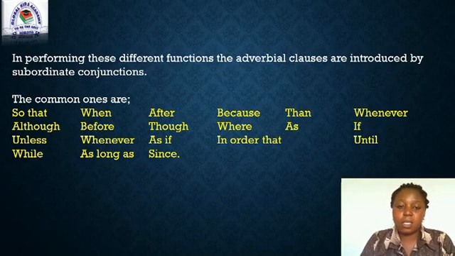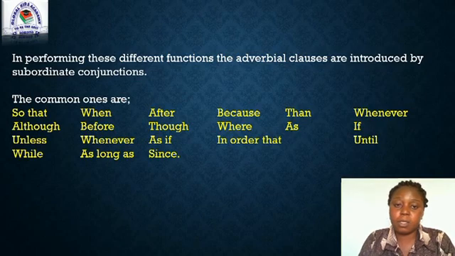Now, these are the subordinate conjunctions that introduce adverbial clauses. Remember that relative clauses are introduced by relative pronouns and they perform adjectival functions, which is to modify or qualify nouns, while adverbial clauses are introduced by subordinate conjunctions and perform adverbial functions, which is to modify verbs.